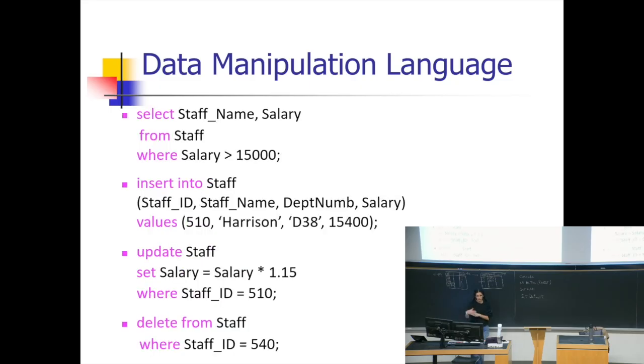So these are just some examples before we go into more detail, just for you to see what I'm talking about. For example, you want to select some employees from your staff or employee table, but you are only interested in those employees whose salary is greater than this amount, right? Then this is how it looks.